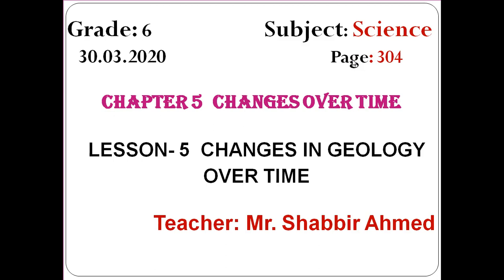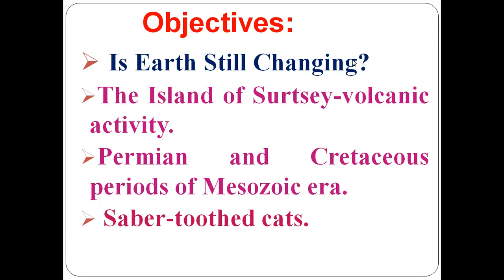What does it say? In the last part, particularly today, we have some objectives of what we are going to see in today's lesson, that is, is Earth still changing? We are going to answer the question at the end of today's discussion, whether the earth is changing or not.